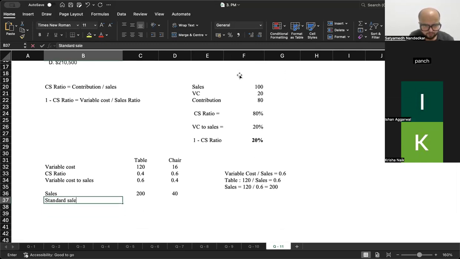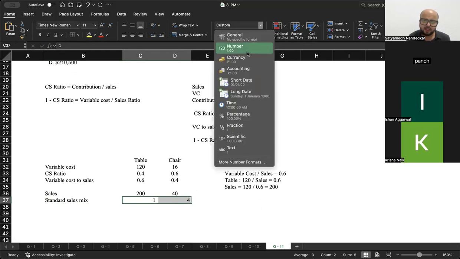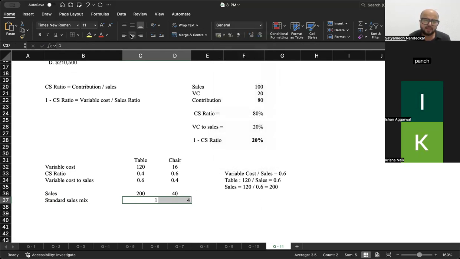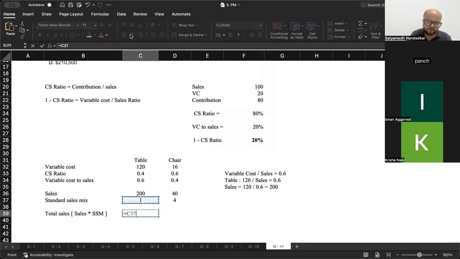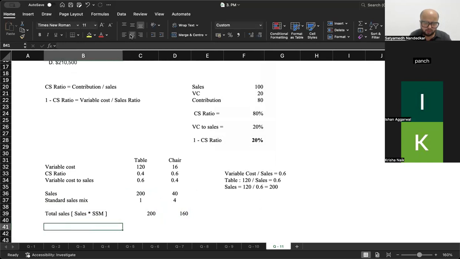So standard sales mix is 1 table and 4 chairs. Now let's say total sales into standard sales mix: 200 into 1, 40 into 4, and total contribution.